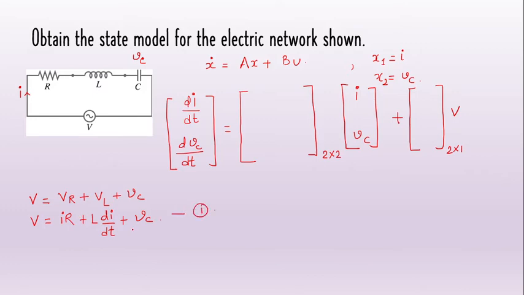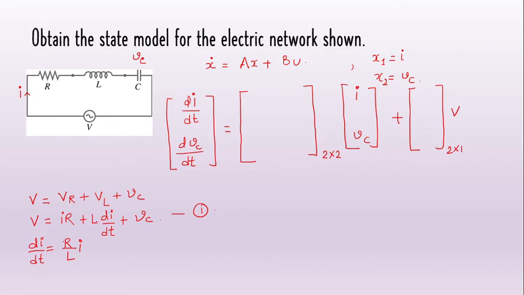Now I am going to arrange this equation to fit in this form. Okay, so let's try to arrange it. I will take this in the left hand side. So it will be di by dt equal to minus R by L into I, right?